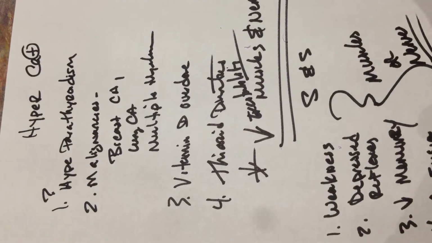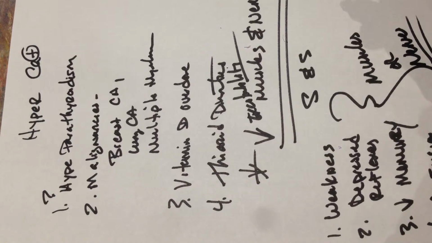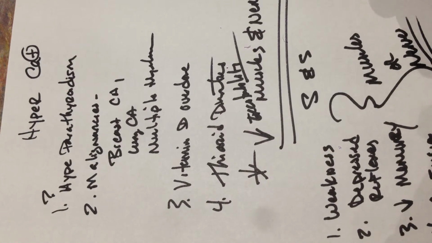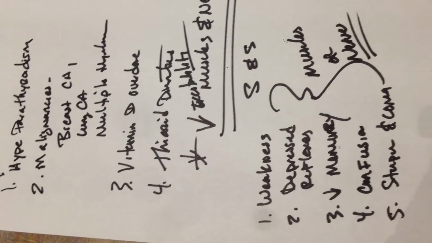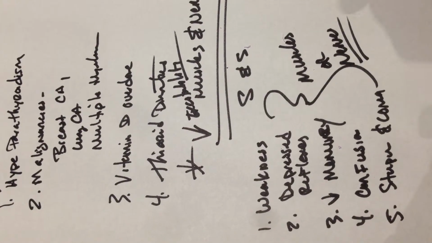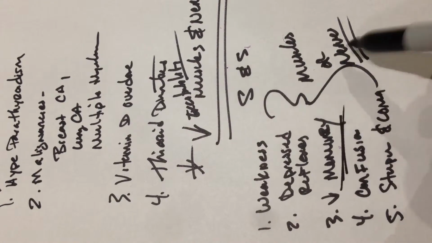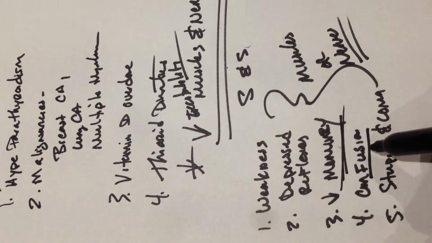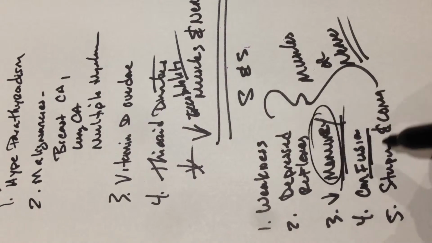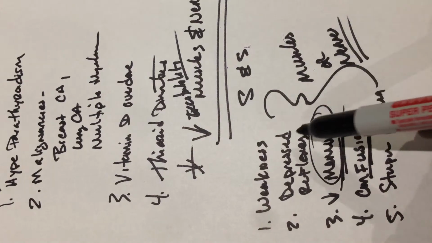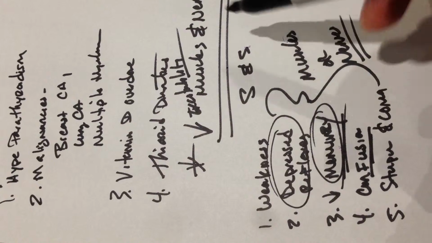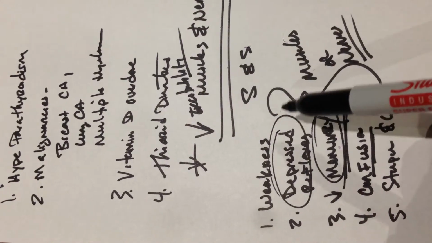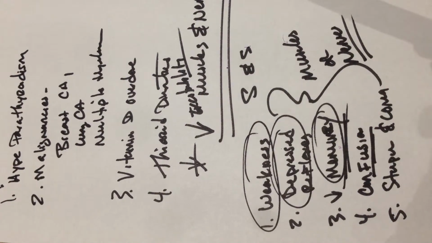All of these are related to muscles or nerves in some way, shape, or form. We just talked about how calcium excess leads to decreased excitability of muscles and nerves. Therefore, if you have decreased excitation of your nerves, you are going to have some problems with your memory and some problems with confusion. You'll have depressed reflexes, you're not moving like you should, and you'll also have some weakness.